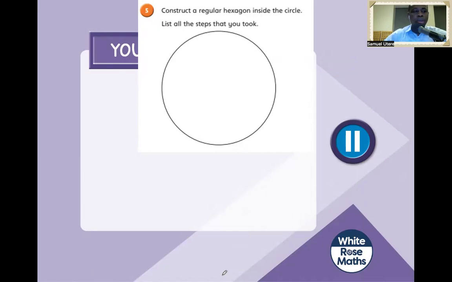Remember, you've not been told what the radius of the circle will be. So we can use exactly the same 5 centimeters that we used when we did the example. So let's head over to our construction tool.